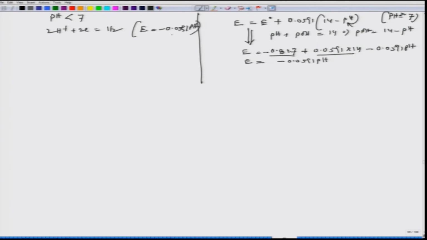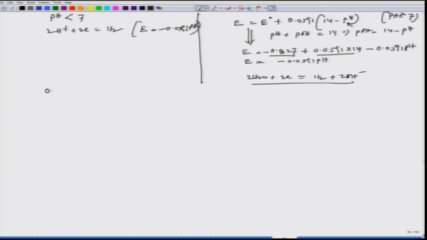So, that means they will be lying on the same line, but one starts from 7 on the right side in the pH axis. This reaction would start below 7 pH, and this reaction involving H2O would start when pH is equal to or greater than 7.